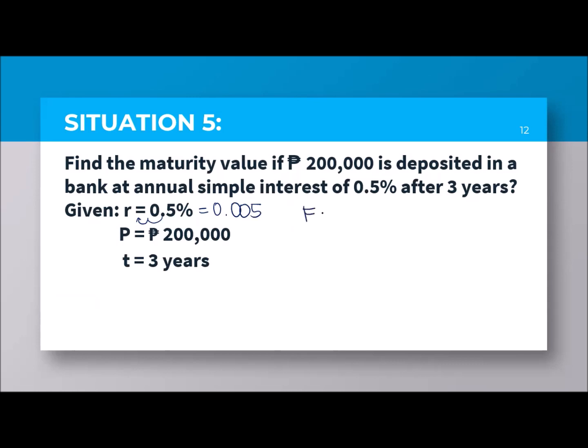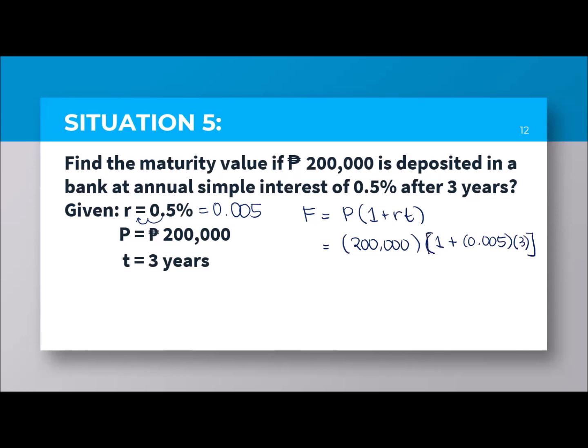So, F is equal to P times 1 plus RT. Okay? So, the principal amount is 200,000 pesos. And then, 1 plus, ang R natin is 0.005 at multiplied yan sa time natin na 3.